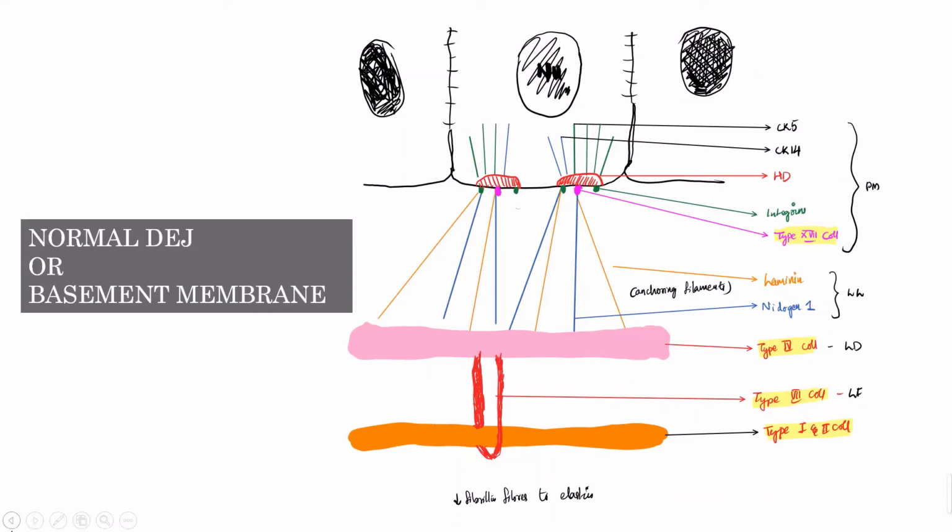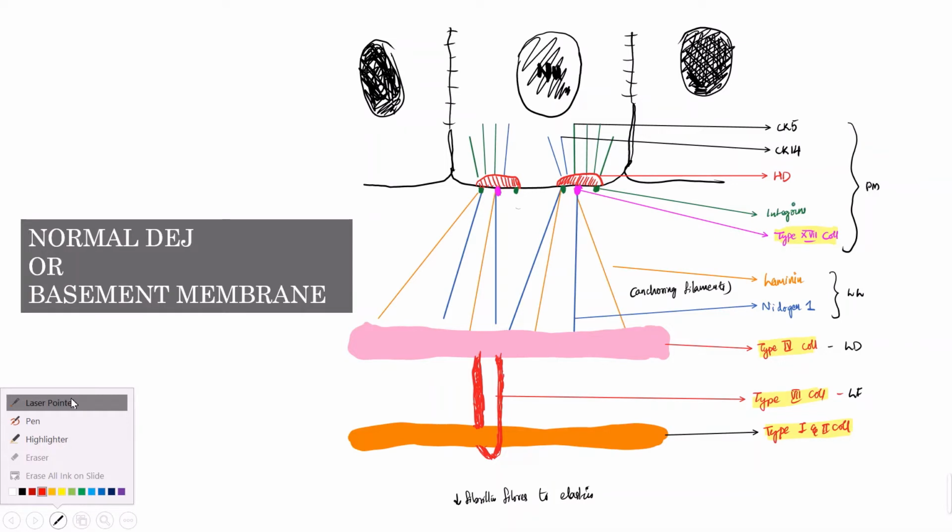And discussing the pathogenesis of this disease, we have to understand what's normally there in the basement membrane. So what is shown here are the basal keratinocytes.